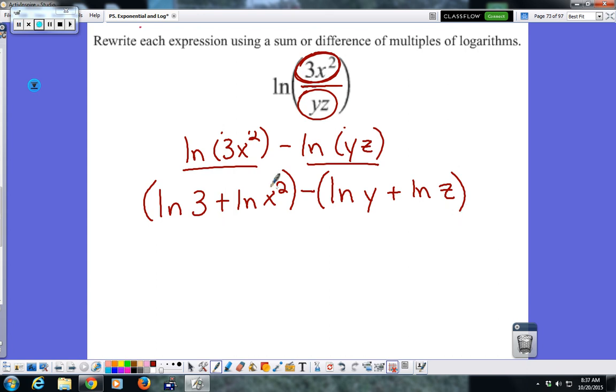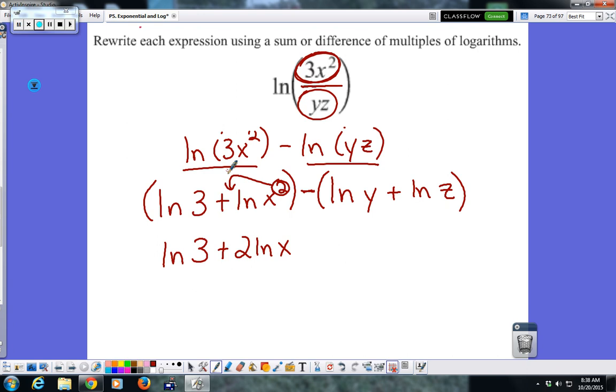So you have this stuff divided by this stuff. There's only one other step. I can move the 2 down front, so you actually just used all 3 rules. You have the natural log of 3 plus 2 times the natural log of x. Now, you can distribute this if you don't want parentheses. These parentheses are not necessary.